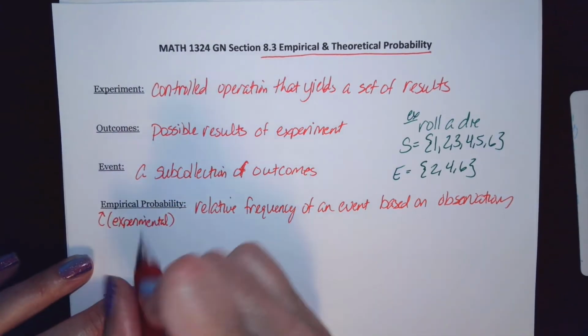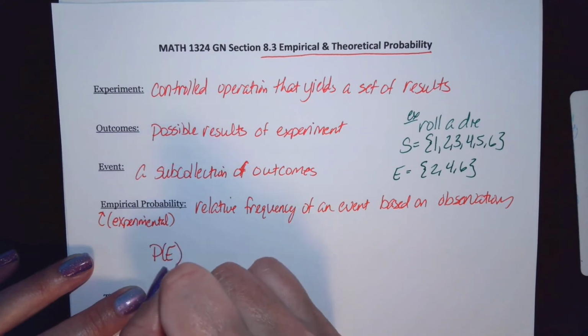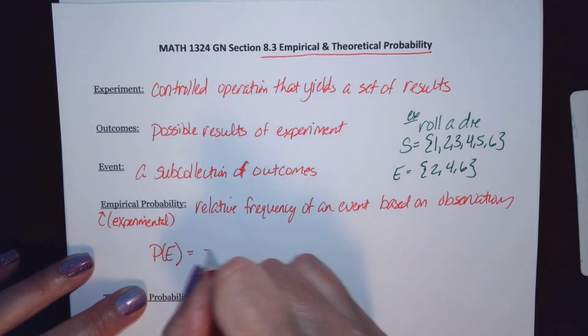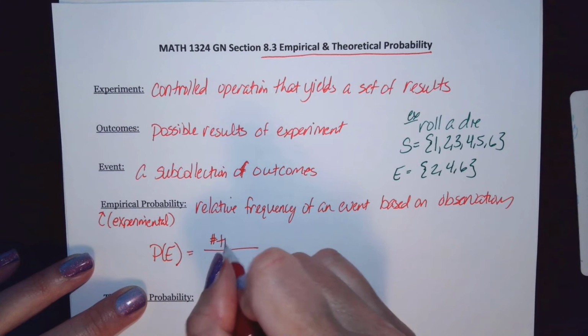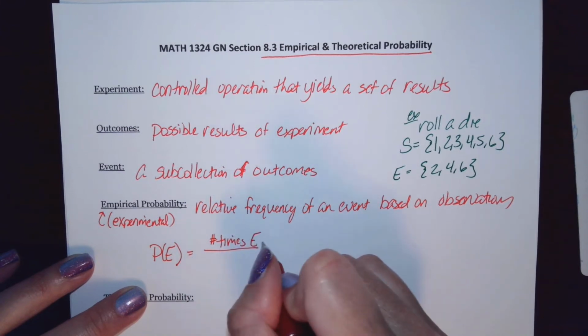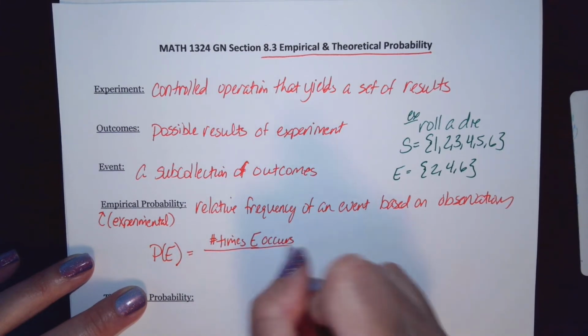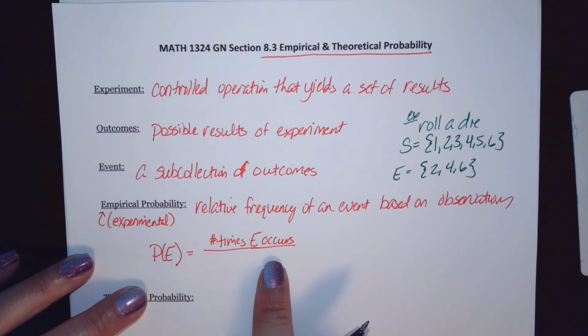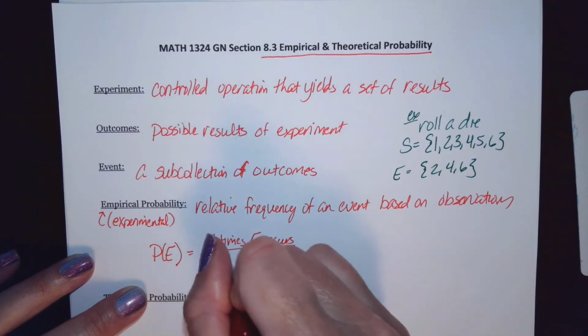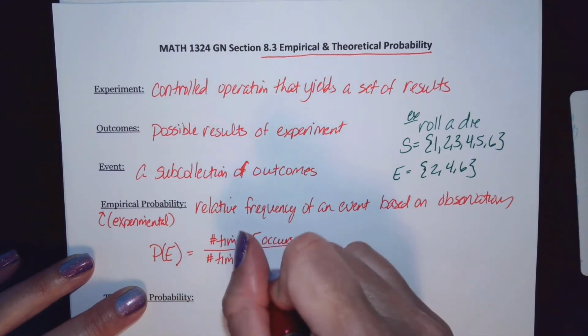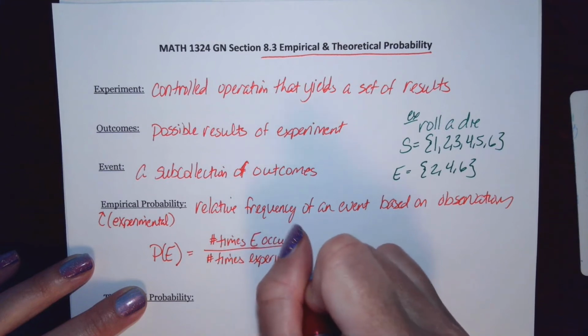When I talk about the probability of an event, I'm looking at the number of times the event occurs compared to, or divided by, the number of times the experiment is performed.